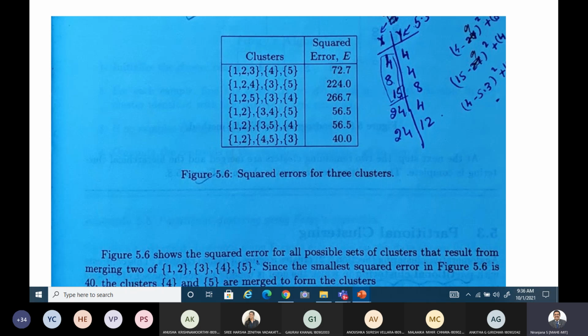If anyone has a doubt or any questions, you can ask in between. Here the similarity measure is taken as squared error, total squared error.